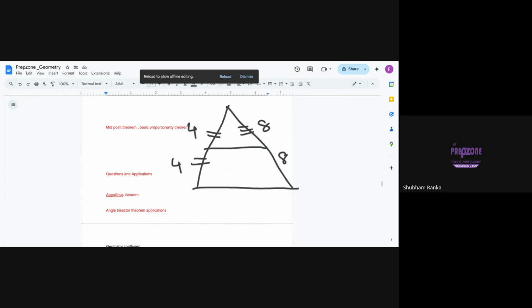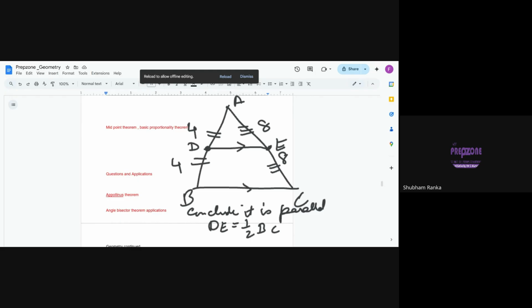So now, if such a line exists, which is bisecting the two sides, then we say that this line will be parallel to the base. That is the midpoint theorem. So this line is already from the midpoint, and then we conclude that it is parallel, and DE is half of BC. These are the two conclusions we make when the line is already from the midpoints.